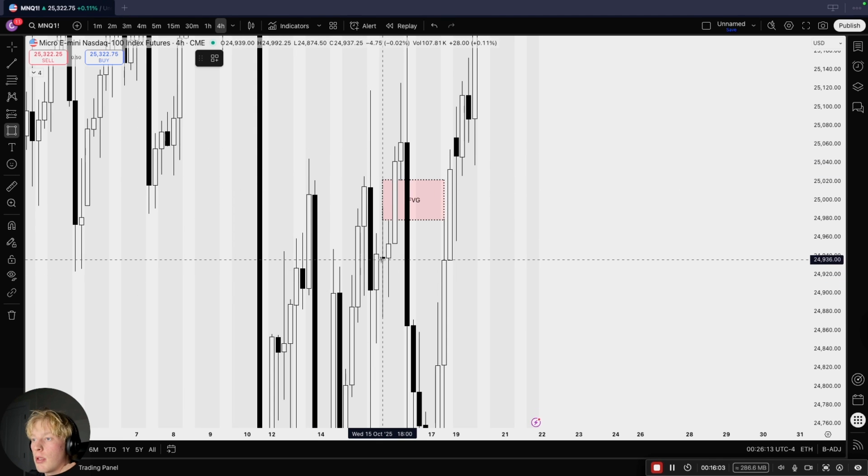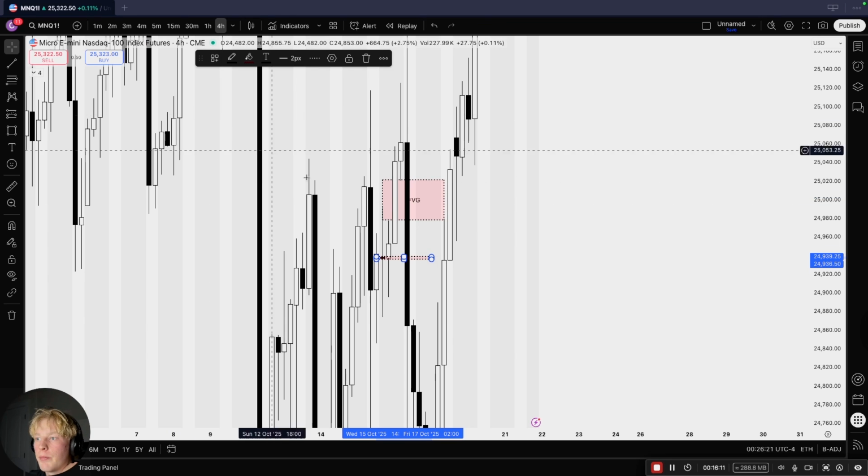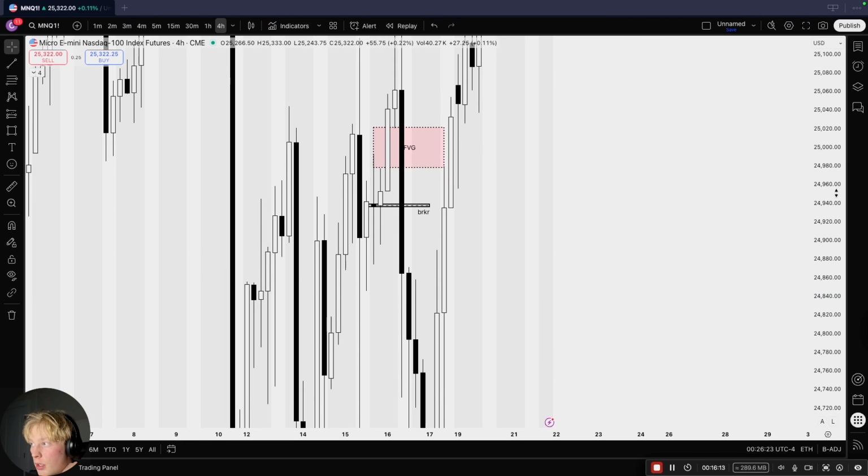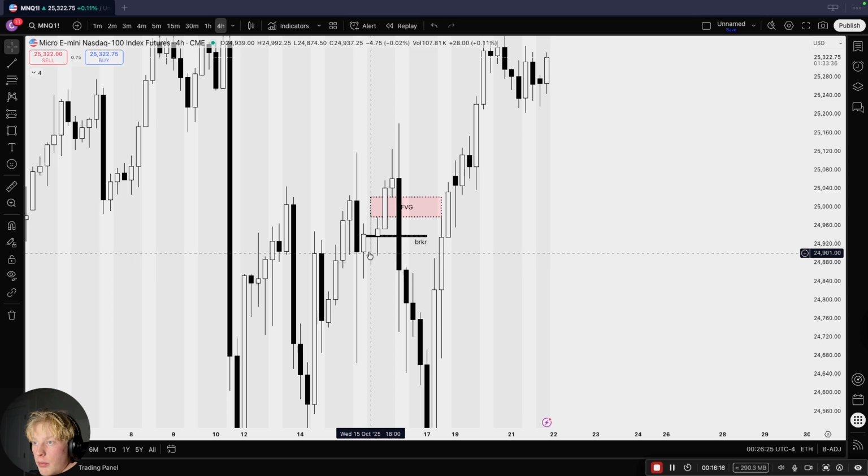But you see this little down candle right here. This is what we call, and what I was talking about, a breaker. Why? We're in an uptrend, okay?